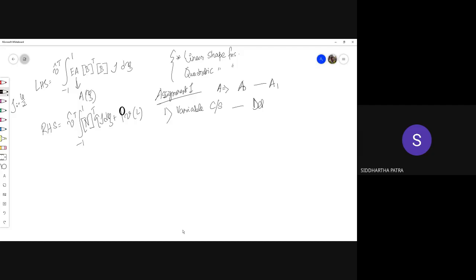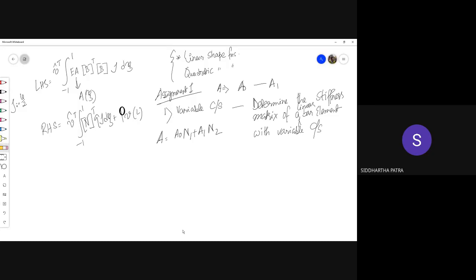So determine the stiffness matrix of a bar element, linear, say, with variable cross section. A hint, you can write A to be A0 times N1 plus A1 times N2.